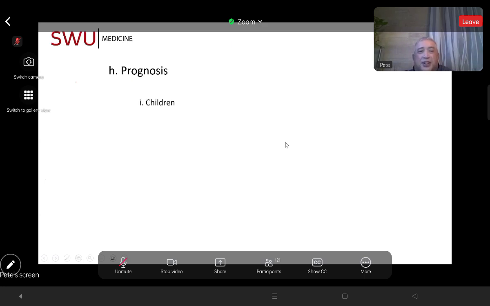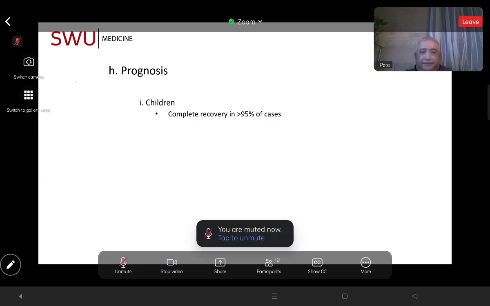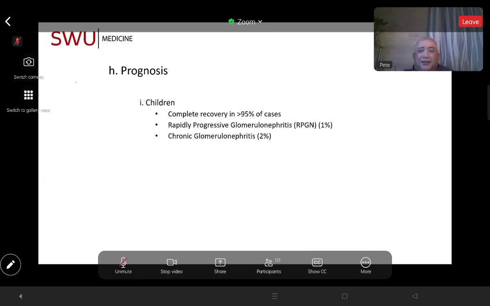And the prognosis is, for children, without treatment, there is recovery in 95% of cases. Only 1% will go into RPGN, and chronic glomerulonephritis about 2%.